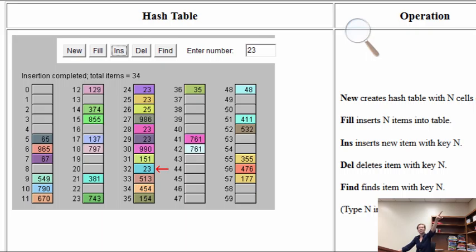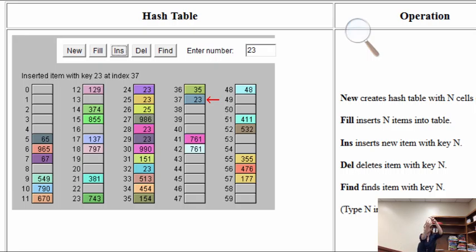Yeah. So 23 hashes to index 23, and we're putting him at number 37. That's really far away. Note I had to look through 13 different places before I found where I found an open spot to put him.